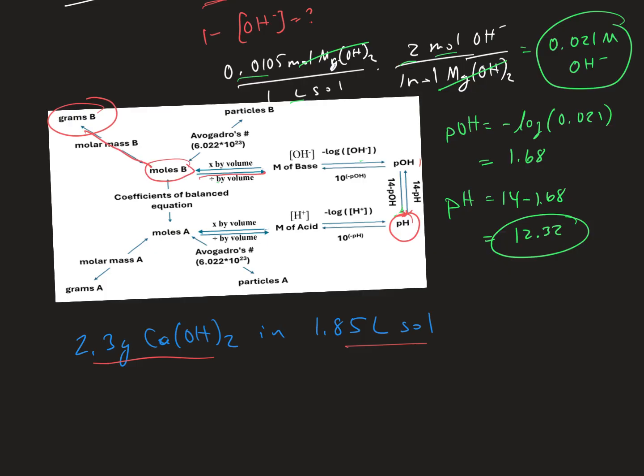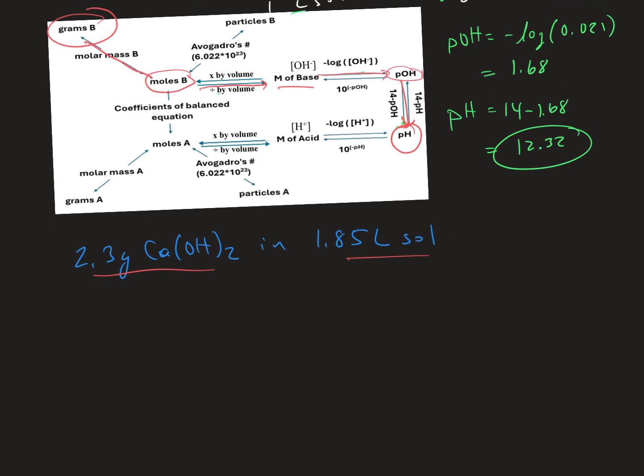Then we're going to divide by the liters to get molarity. Then we're going to use the mole to mole ratio of calcium hydroxide to hydroxide, then take the negative log of OH. Then we find the pOH, or 14 minus the pOH. That's it, five steps, right? But they're not hard steps.